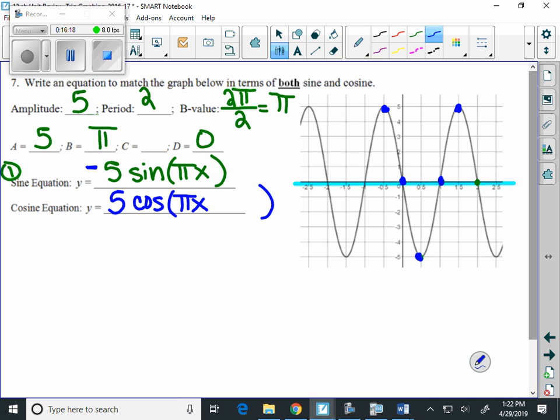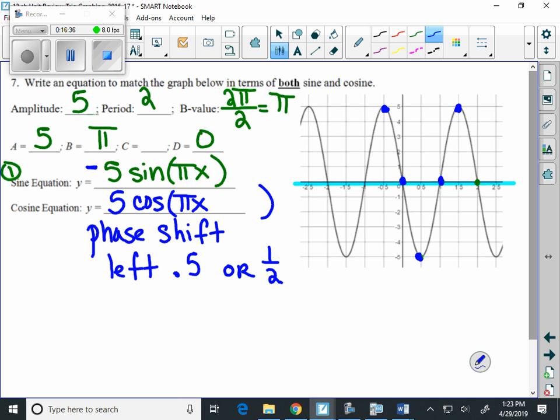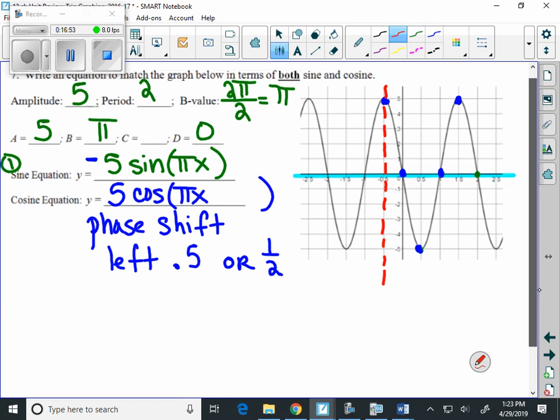So in terms of our phase shift, I move this graph left, and it looks like left 0.5, which I will probably use 1/2. So now that we know that we move this left 0.5 or 1/2, again, I'm going to use the 1/2.